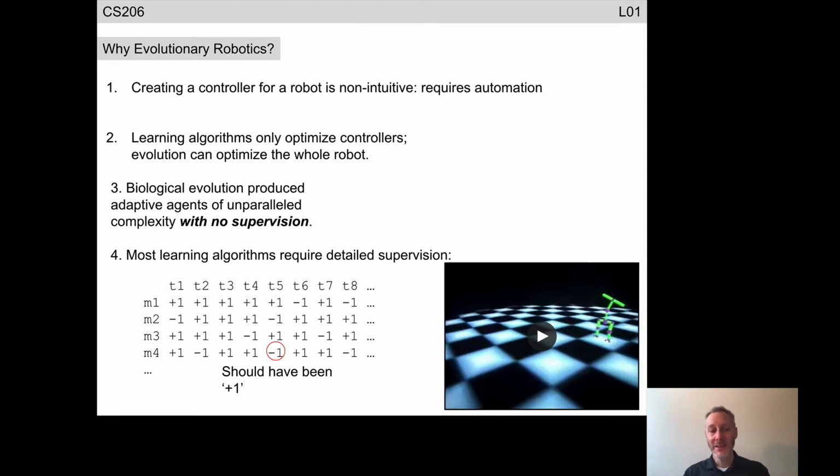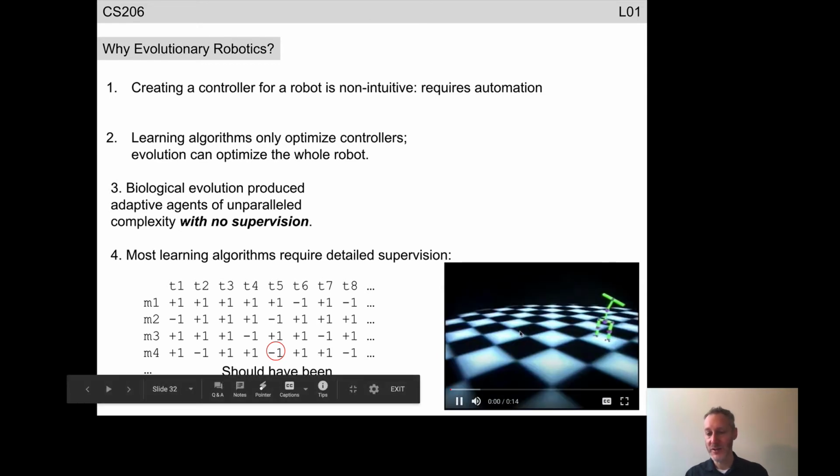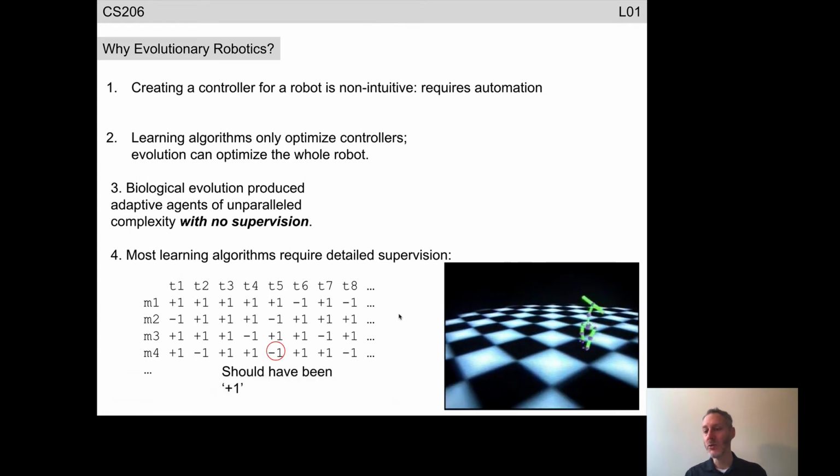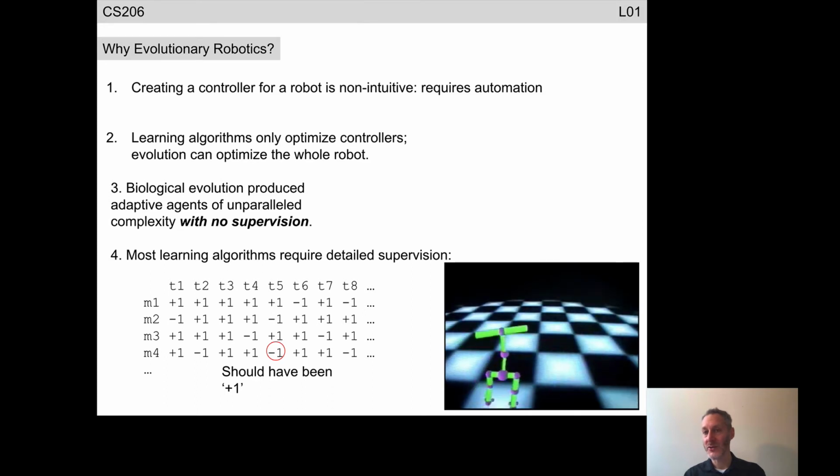Another disadvantage of learning algorithms compared to evolutionary algorithms is they often require detailed supervision. So what do I mean by detailed supervision? If a robot fails, so for example, here's an example of a biped, you'll notice it does okay, takes a few steps, but it eventually falls over.